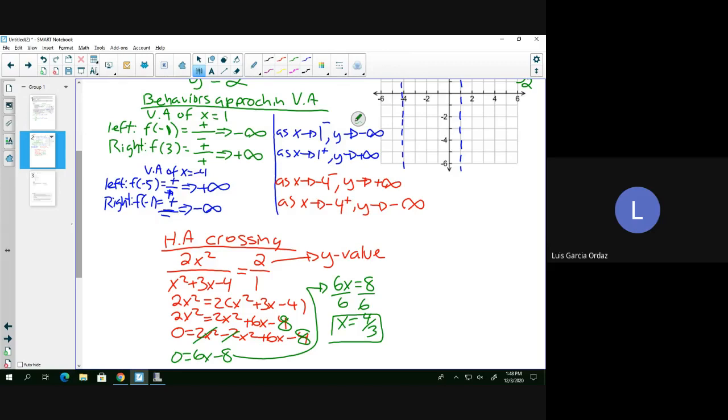So we can say, therefore, the graph crosses the horizontal asymptote at 4/3 and 2. Okay, this is not going to happen all the time. Not all graphs are necessarily going to cross their horizontal asymptotes, but sometimes it does happen.